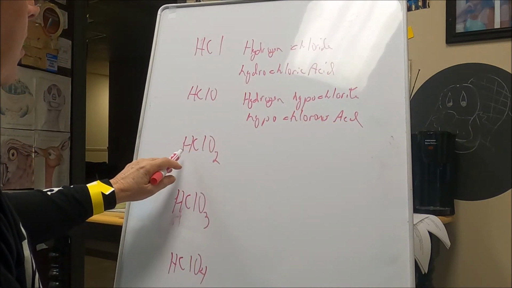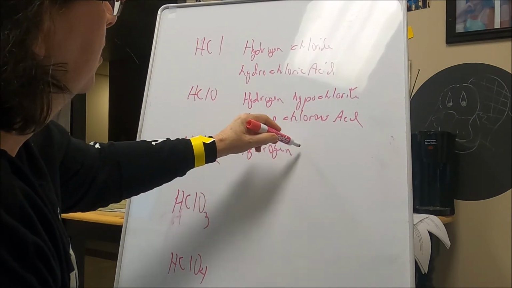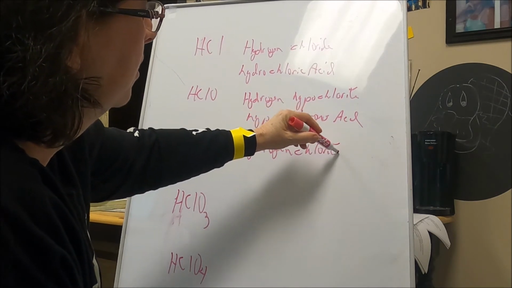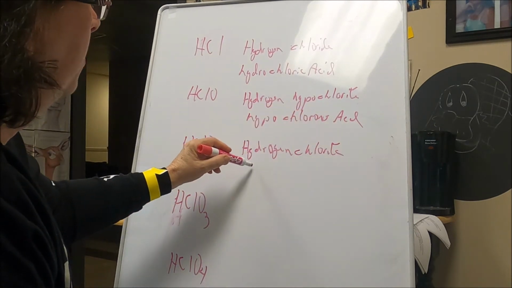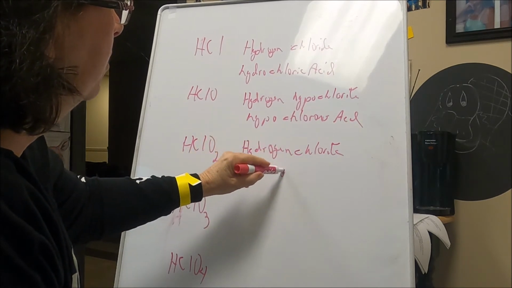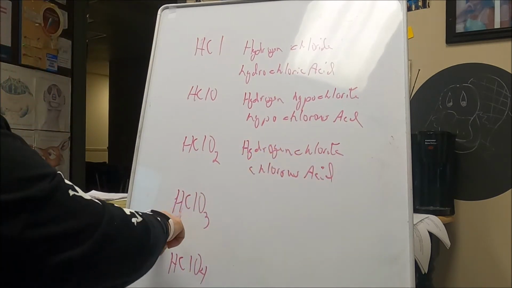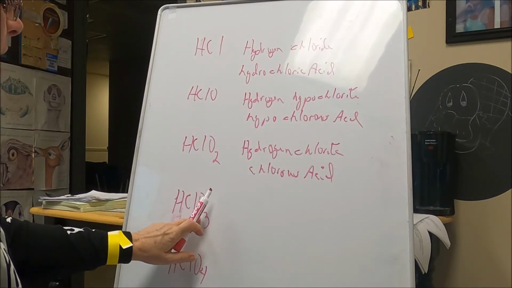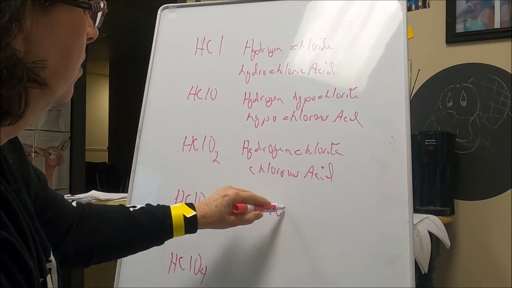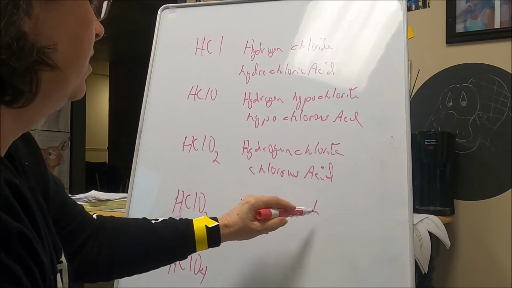This is hydrogen chlorite. So this would be chlorous acid. This is the chlorate ion, ClO3. So this is hydrogen chlorate.